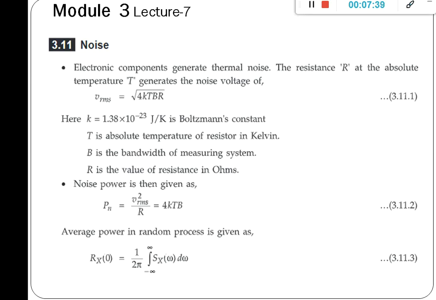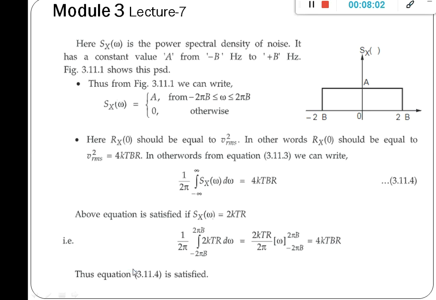So Rx of 0 is equal to 1 divided by 2 pi times the integral of Sx of omega d omega, as it is the frequency domain representation. The autocorrelation at 0 we get from the previous results. Then Sx of omega is the power spectral density of noise.